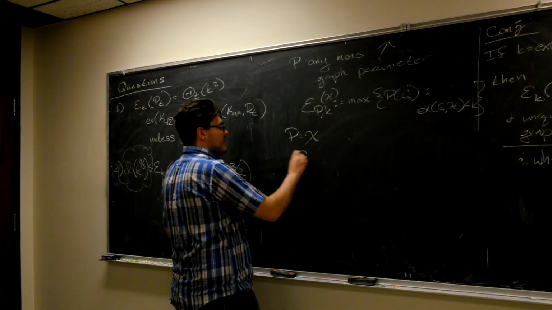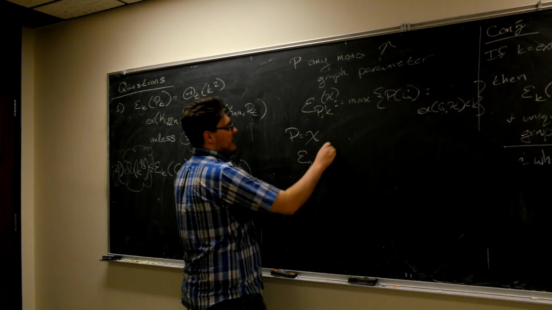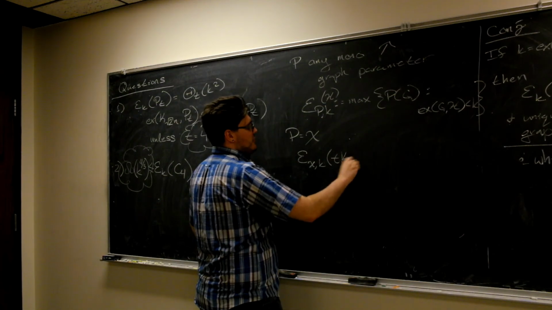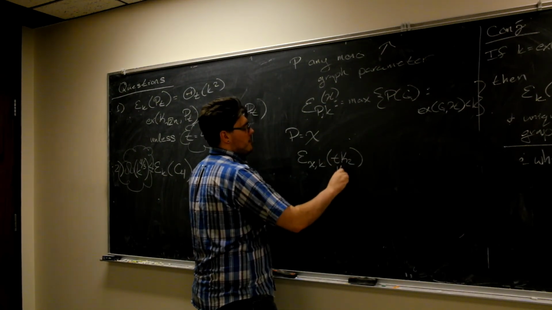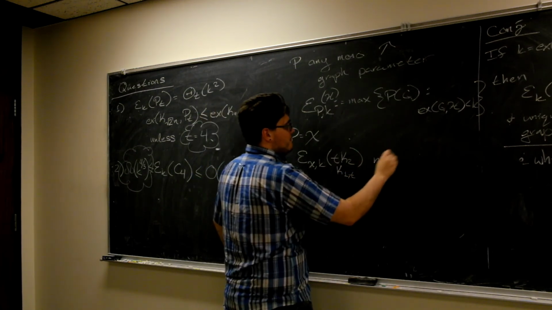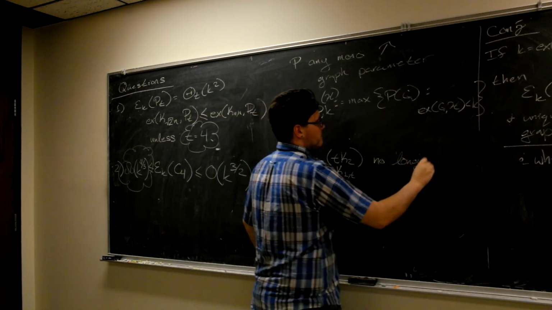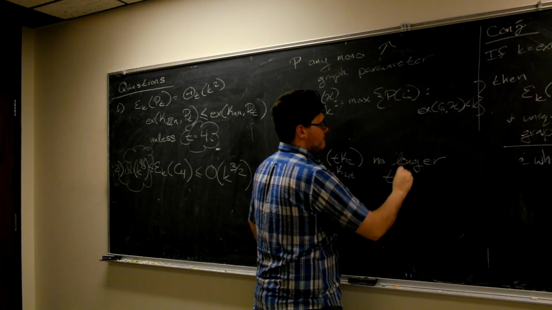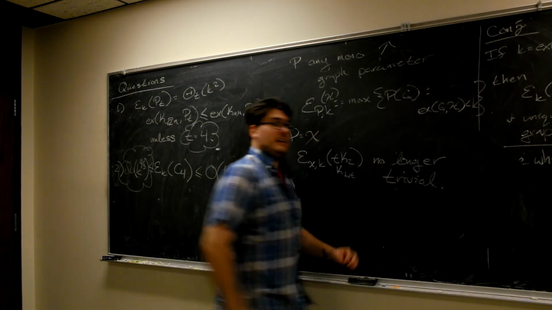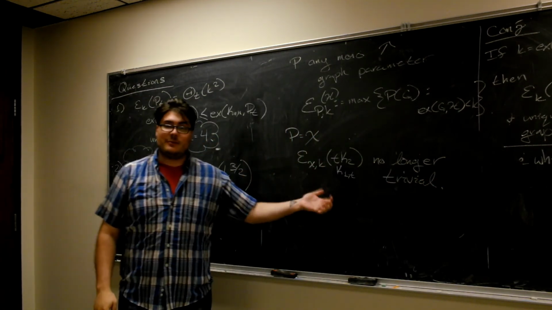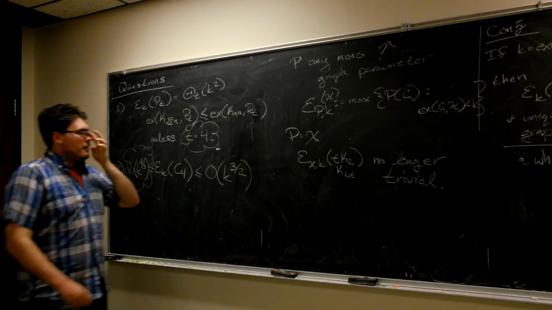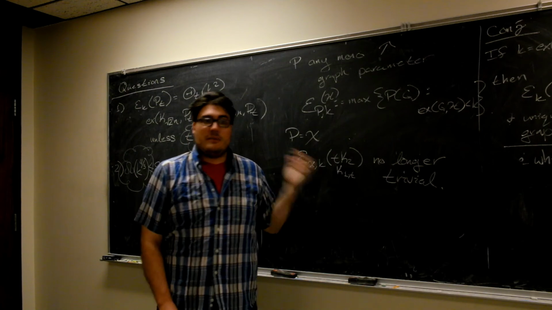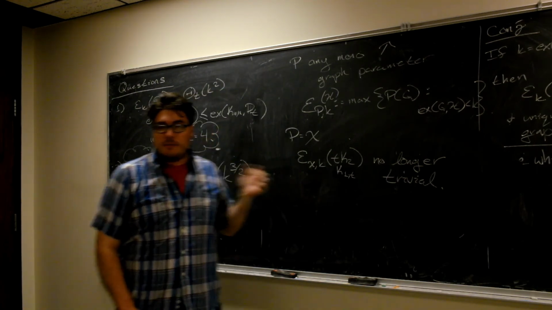Well, in this case, E sub chi,k of a matching or a star are no longer trivial. And I don't know the answer to them. One thing that's easy to see is that this parameter can never be infinity. That's not too hard to show.